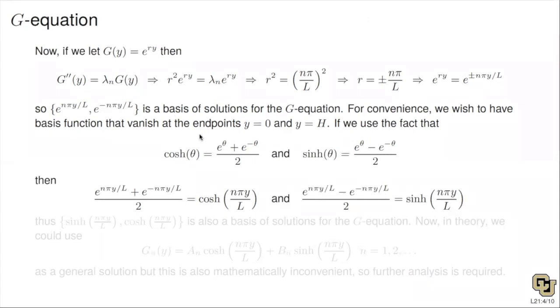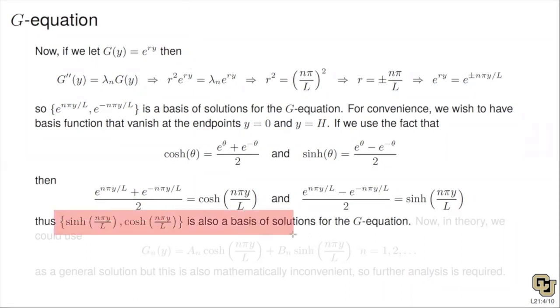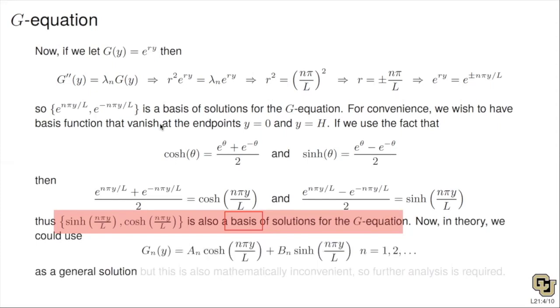And these are linearly independent, and we have 2 of them. So this is also a basis for our solution to our G equation. So we could use this linear combination of cosh and sinh as a general solution.